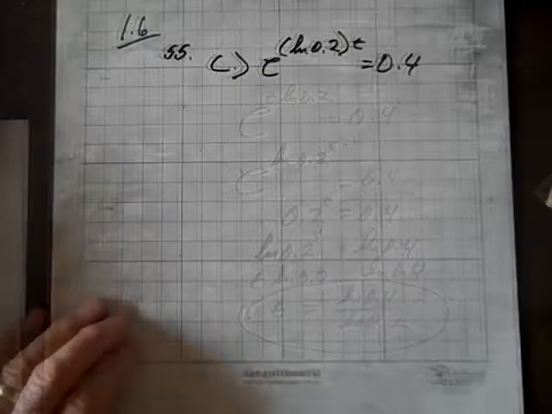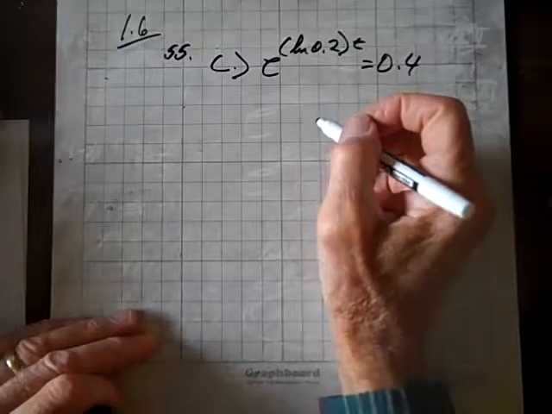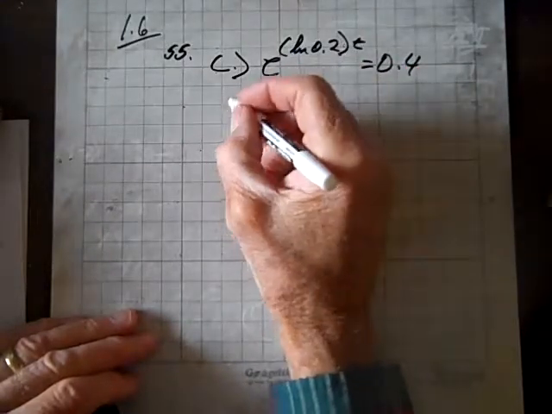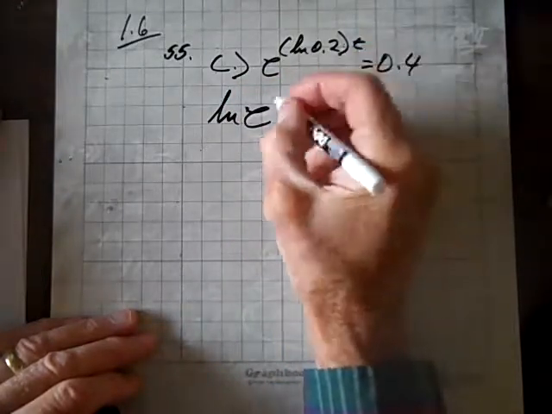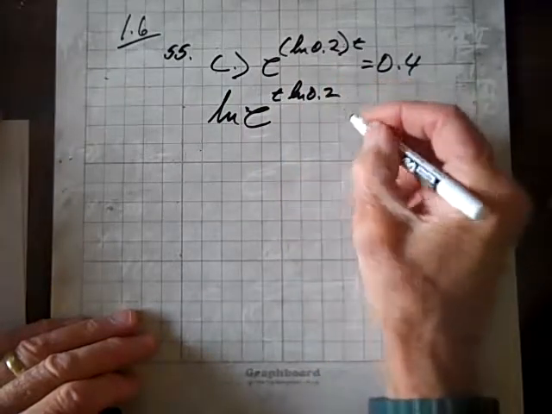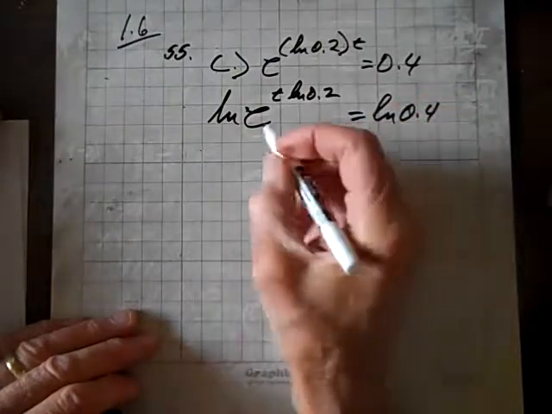Good. Now there's another way to do this question 55 also, and that's to just take the natural log of both sides right from the start. So we have ln of e to the t ln of 0.2 equals ln of 0.4.